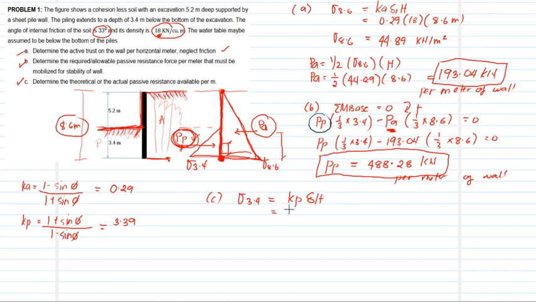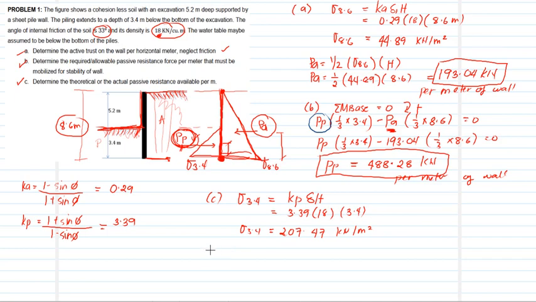So, yung KP natin is 3.39, yung unit weight natin is 18, and yung height natin is 3.4. So, this is equal to, that is 3.39 multiplied by 18 multiplied by 3.4. So, this is equal to 207.47 kilonewton per meter squared.